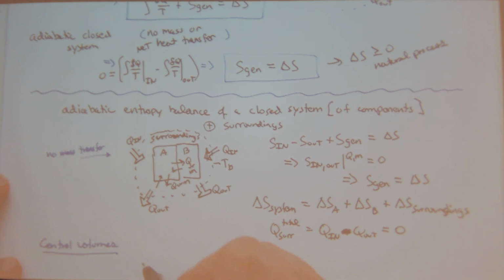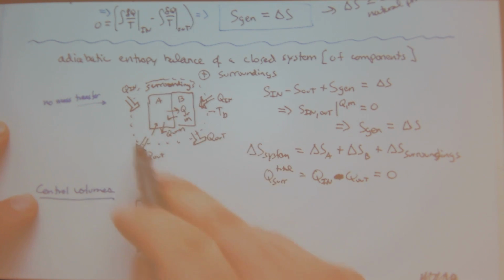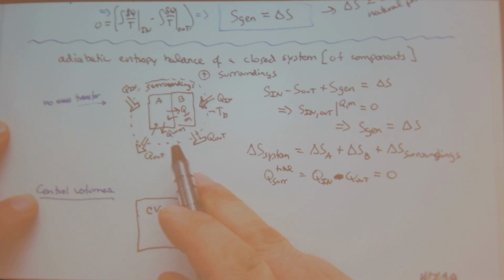So let's draw a little bit different. This is a little bit different, and let's go back to kind of a control volume perspective. So now I have a control volume. Of course, here I also have a control volume. Right? There's a control volume associated with it. But we'll look at it like this.